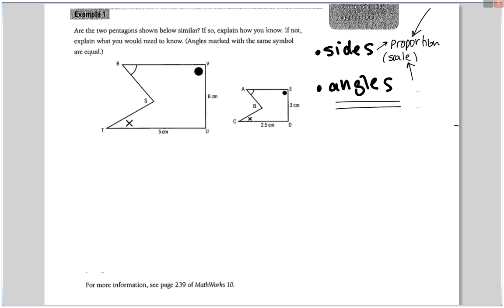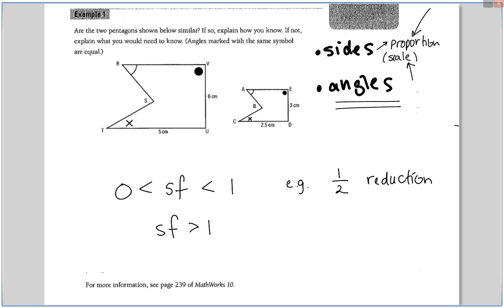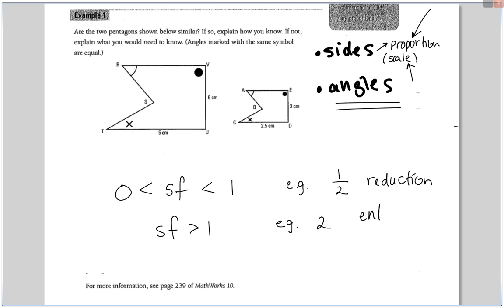Okay, so before we get started, I'll just get you to write down one thing. If the scale factor is less than 1 and bigger than 0, for example 1/2, then the new image will be a reduction. If your scale factor is bigger than 1, for example 2, then you get what's called an enlargement.